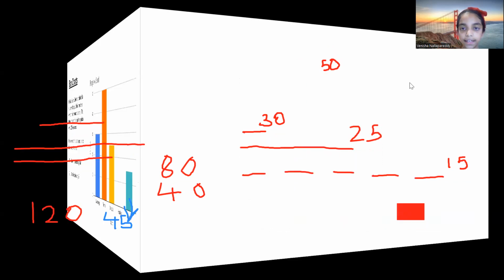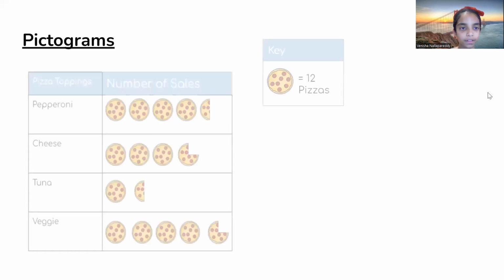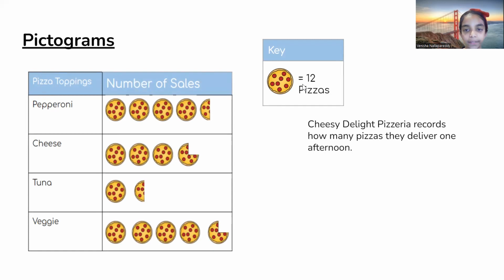So let me just clear all my drawings. Now we're going to look at pictograms. So this one is all about pizza toppings, which I love. So we've got some pizza toppings and we have the number of sales. Cheesy Delight Pizzeria records how many pizzas they deliver in one afternoon. So we have a key here, meaning that one pizza picture is 12 pizzas.